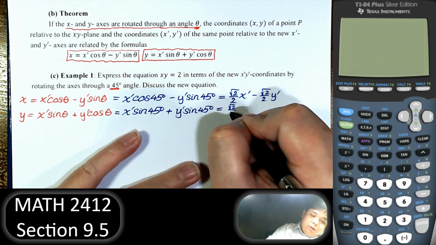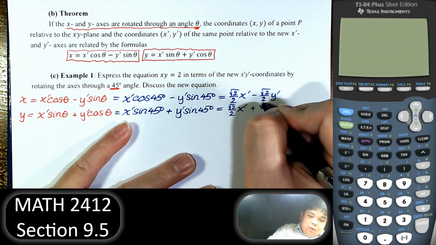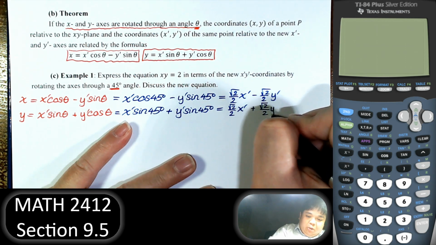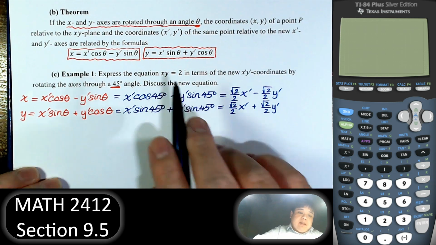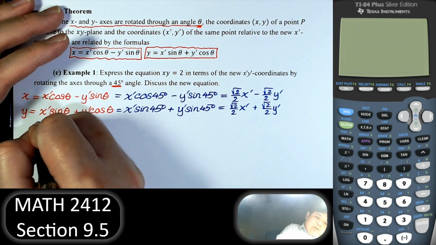So we get square root of 2 over 2 x prime, square root of 2 over 2 y prime. Right. Now we just substitute into xy equal to 2.